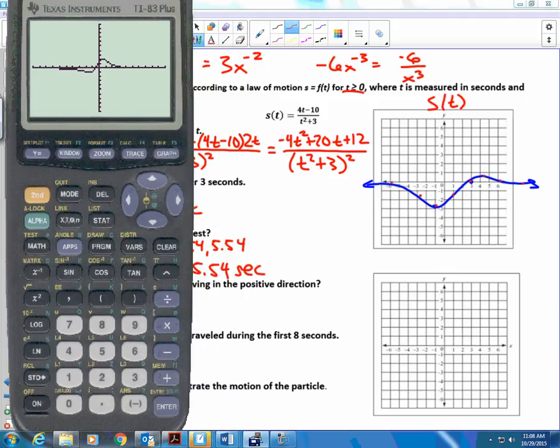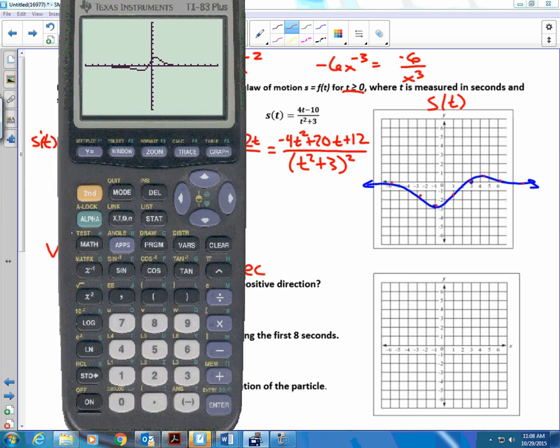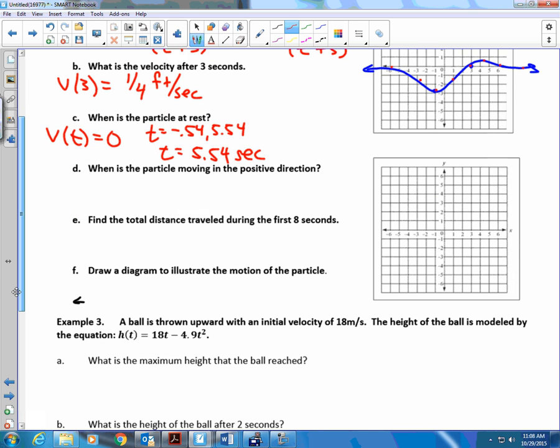So what does that mean graphically for the derivative? If it's equal to 0 at 5.54, what does that mean for the graph of the velocity function? What is the graph going to do at 5.54? The slope isn't going to be 0, but it's going to cross the x-axis at 5.54.